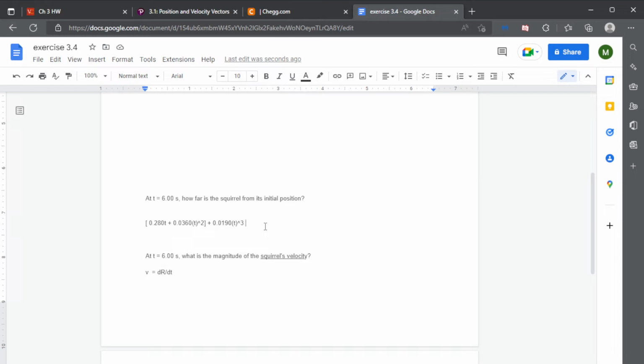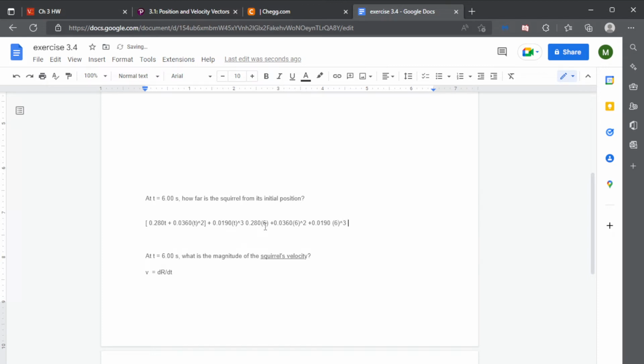So 0.0280 times 6 plus 0.036 times 6 square, plus 0.0190 times 6 cube over 3.